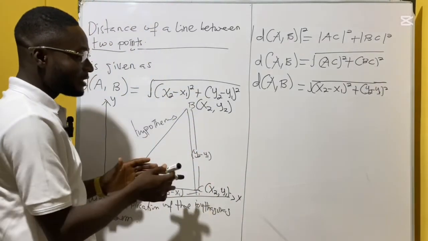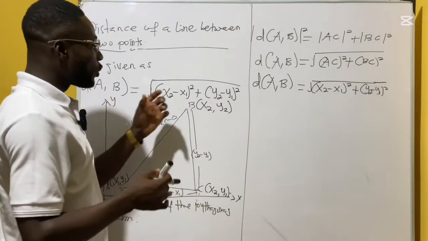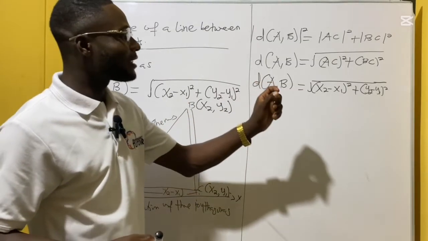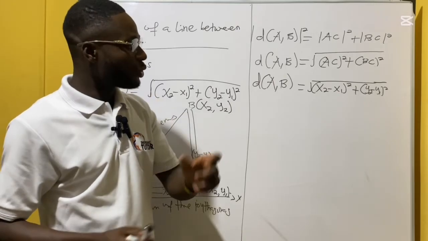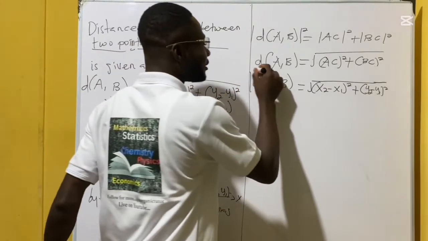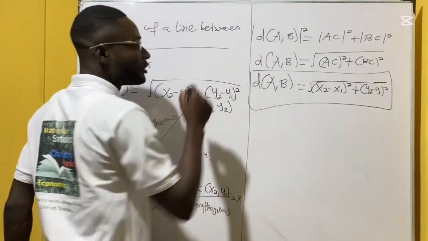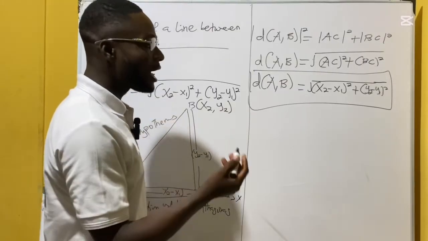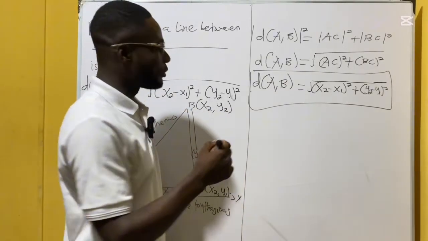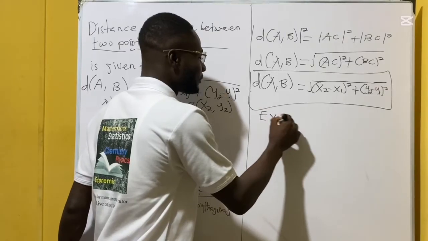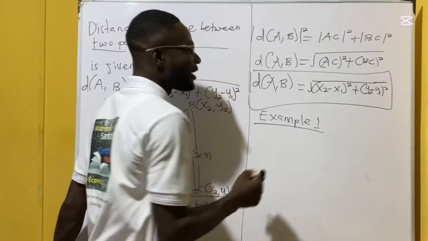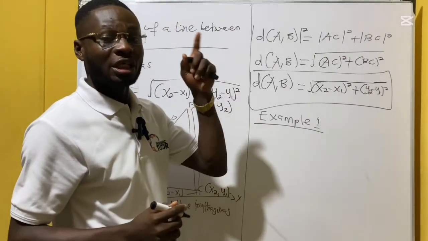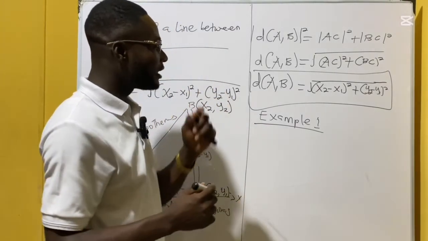So that is the process we go through to derive the distance formula between 2 points. So this is the distance formula between 2 points, right? So now let's take an example. Okay, so example one, we want to find the distance between point A and B given this coordinate.